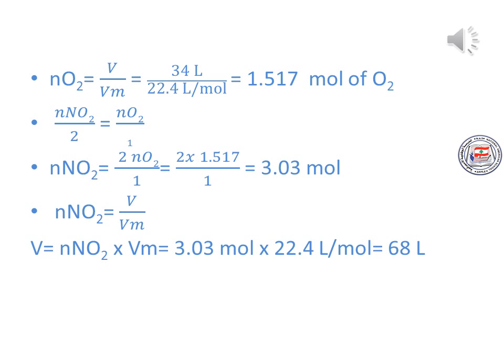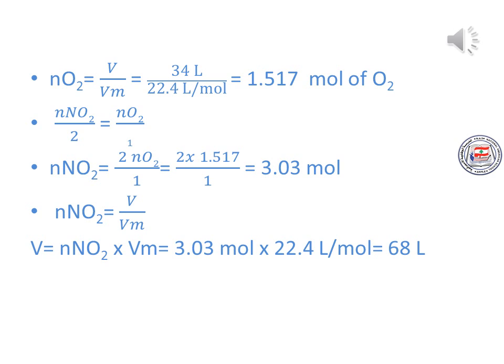Start with the given quantity and convert from volume to moles. So we start by number of moles of oxygen equal V divided by molar volume is equal to 34 liters divided by 22.4, and the answer is 1.517 moles of oxygen.